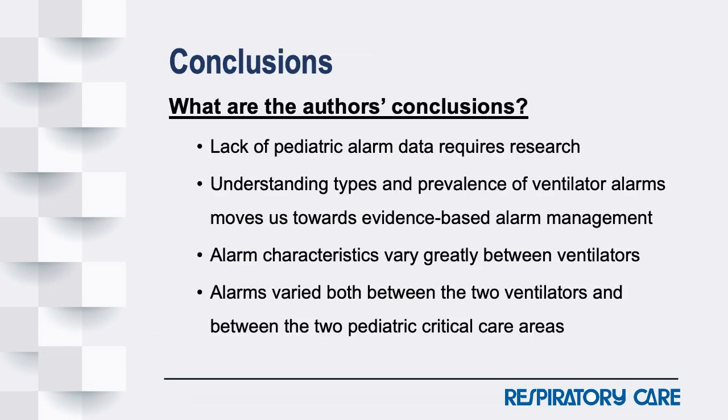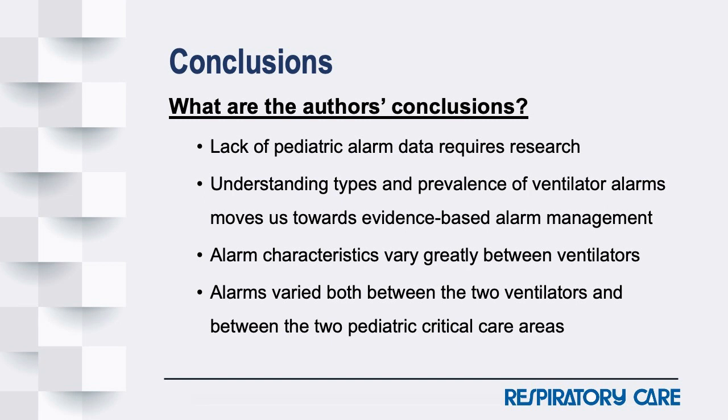I think I have two conclusion slides here. What are the author's conclusions? Number one, the lack of pediatric alarm data requires more research. And number two, hopefully getting more research will move us towards evidence-based alarm management.